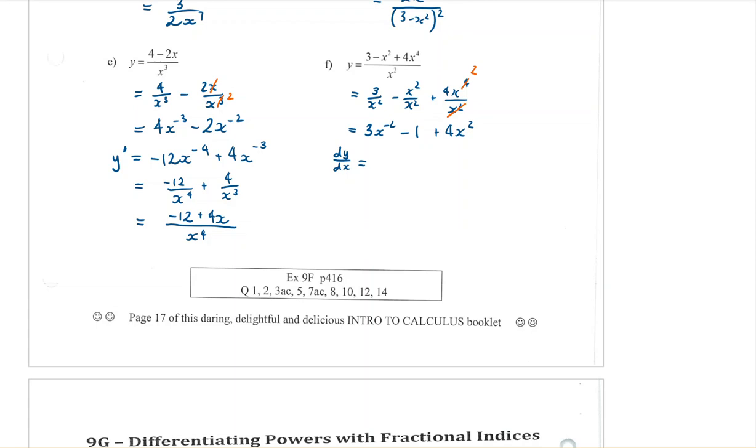Bring the negative power down to the front and times with the 3, so that's minus 6x. Subtract 1 from the power is minus 3. The minus 1 is a constant term, so that's going to disappear. And the last term, again, bring the power down to the front. 2 times 4 is 8, and x to the power of 1.